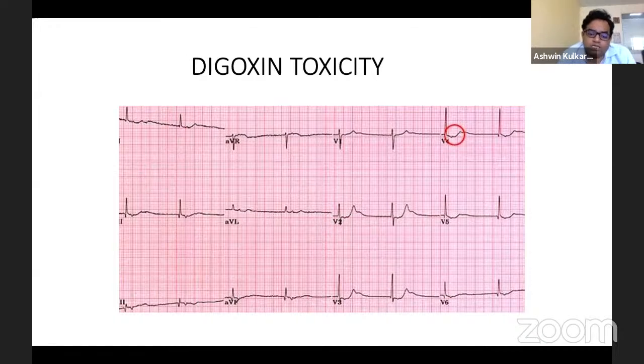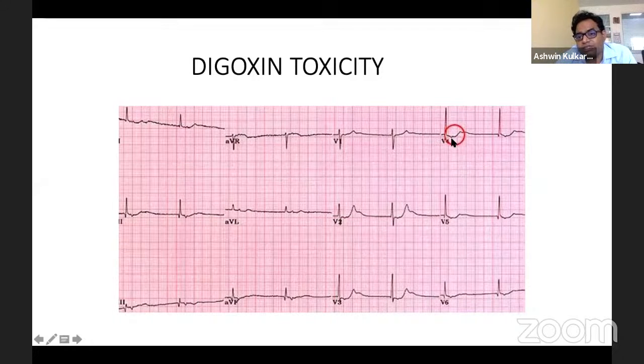As I have mentioned here, in digoxin toxicity there will be a downsloping ST segment, but the deepest part will be in the most lateral part of the lead, which causes a reverse tick mark sign. It looks like a tick mark when you see it inverted. So it is called the inverse tick mark sign, which is most classical of digoxin toxicity.